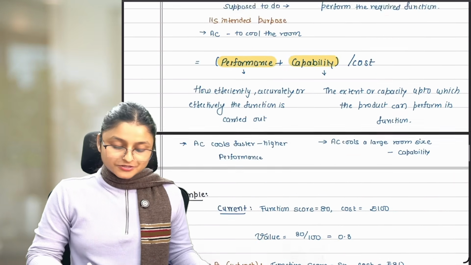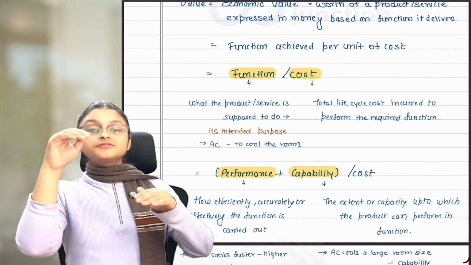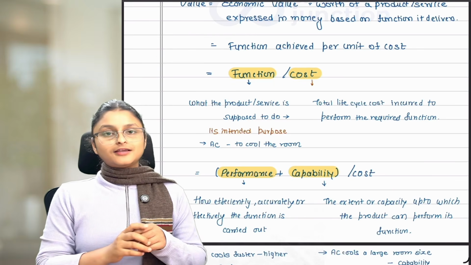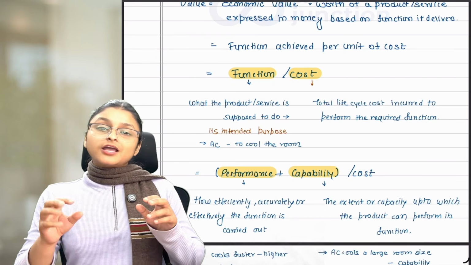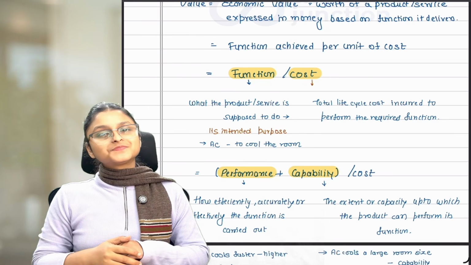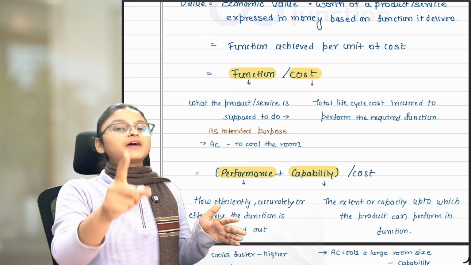Done. So ma'am, you said earlier that in value analysis we try to reduce cost keeping the function as it is. But now you are saying that we will improve our function keeping the cost as it is. So that is another way of increasing value in value analysis.